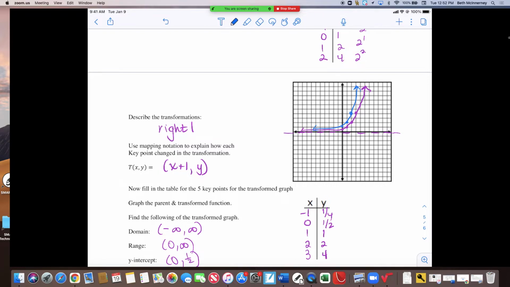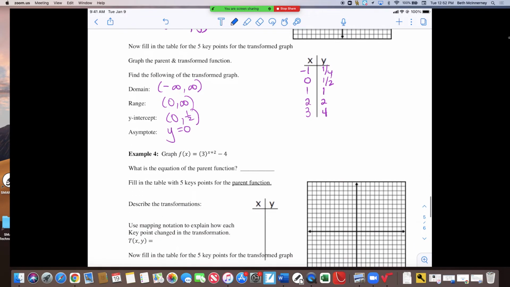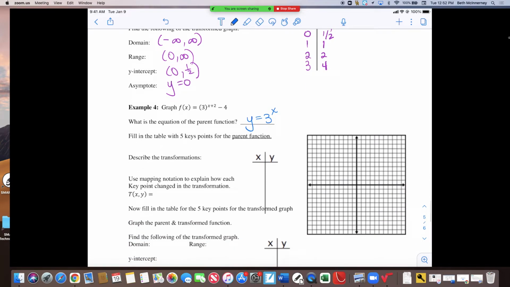All right, let's try the next one. Graph f of x equals 3 to the x plus 2 minus 4. All right, what is the parent function? Davy? Nice job. Y equals 3 to the x. All right, we want 5 key points.